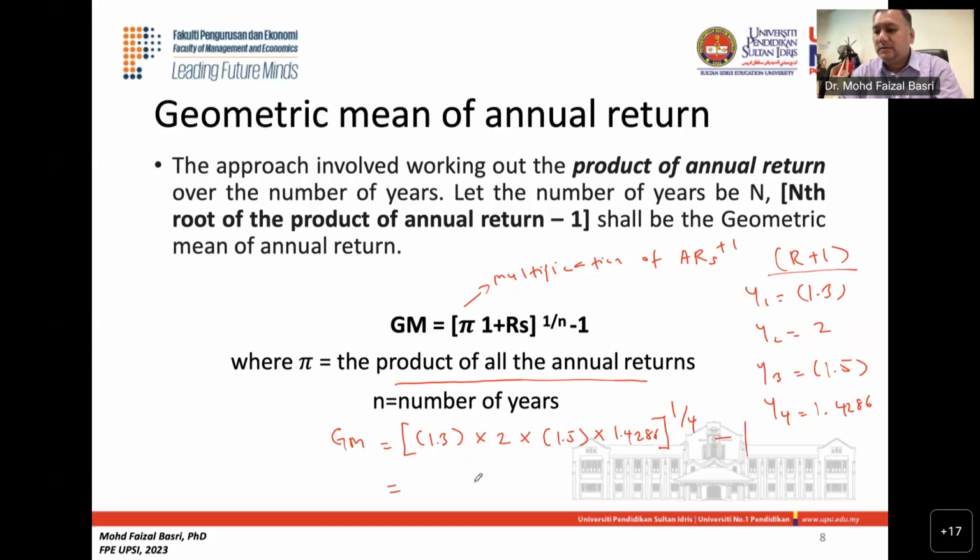So 1.3 times 2 times negative 1.5 times 1.4286, to the power of 1 divided by 4, minus 1. Okay, so here the average indicates 53.6.